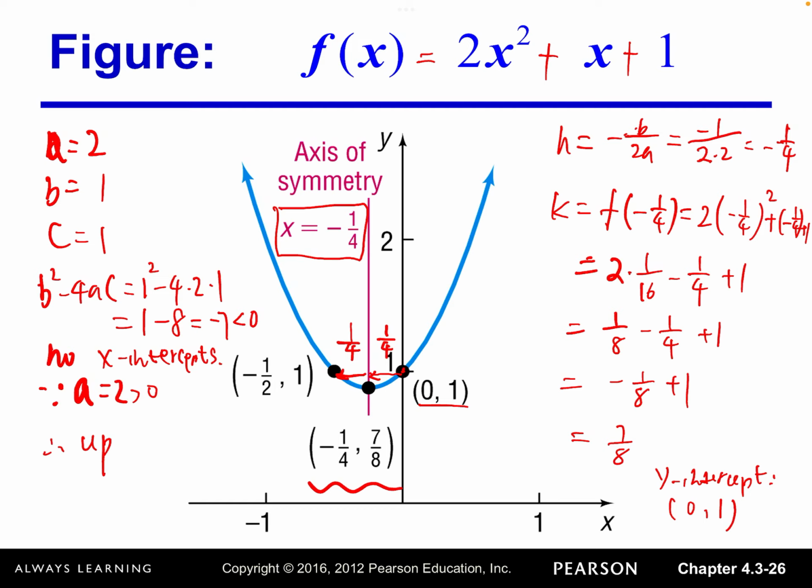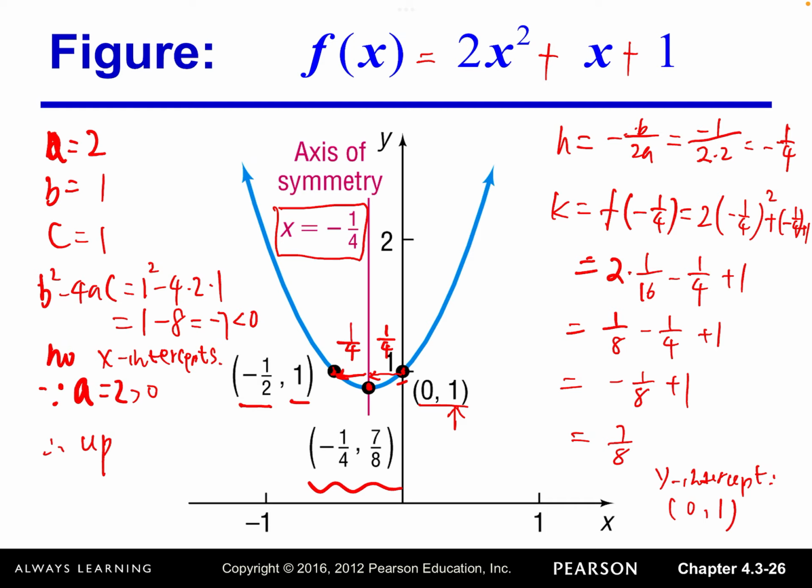So from 0, to the left-hand side 1/4, and another 1/4, that's 1/2. So that's why it's negative 1/2. The y coordinate should remain the same as 1. So that's why we use these 3 points: the vertex, the y-intercept, and the symmetrical point of the y-intercept.